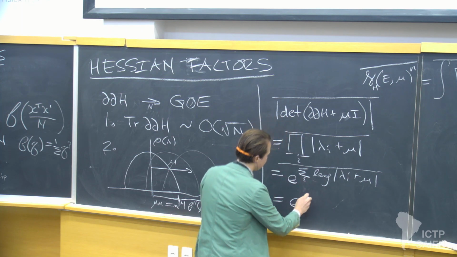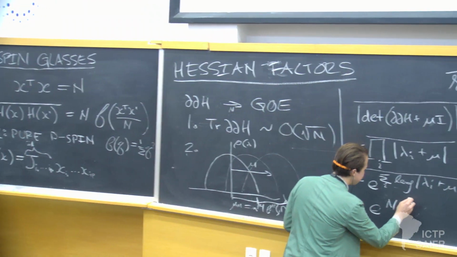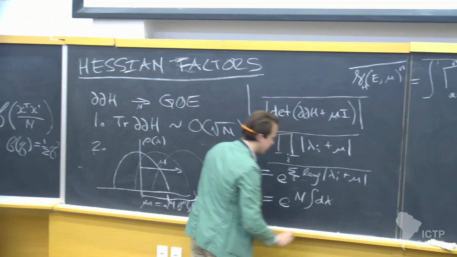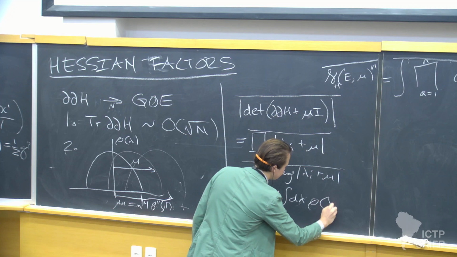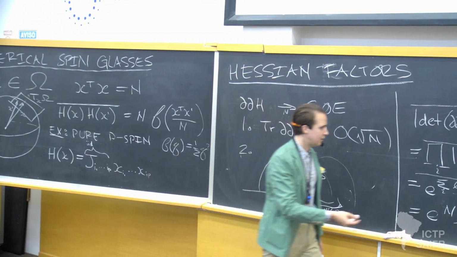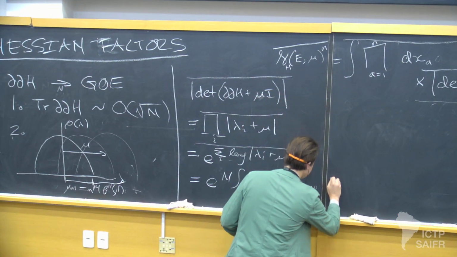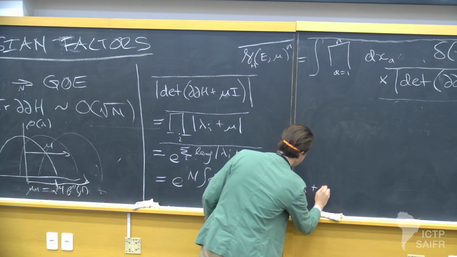That's very important. N multiplied by the integral over the spectral density, the probability of finding a given eigenvalue independently of the rest, times the logarithm of the absolute value of the eigenvalue plus mu.